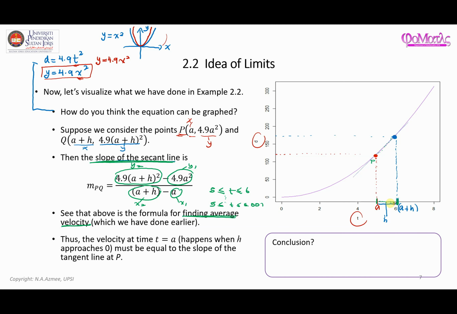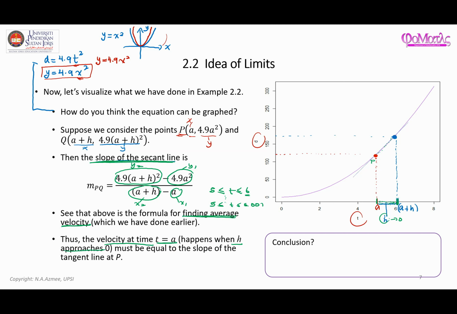When you are doing that, you can see that the distance h here will get closer and closer to 0. So h will be approaching 0 when the value of the interval gets closer and closer to 5.001. And therefore, again, velocity at time t equals a happens when h approaches 0.